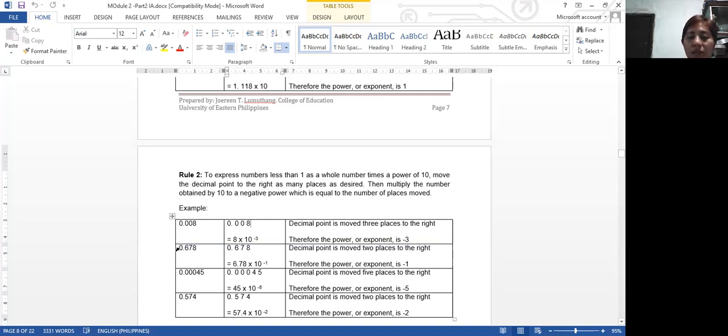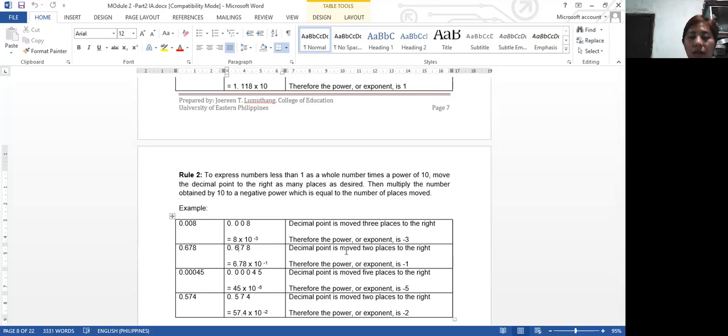For example, here it's 0.678. It will become 6.78 times 10 raised to negative 1, because we just used the 6 here. So where is the 6? It's here. From this decimal point, we just have to count 1. Since the decimal point is now after the 6, the decimal point is moved 1 place to the right.